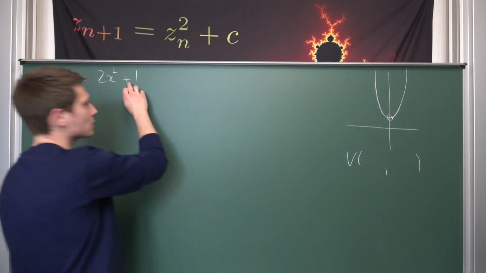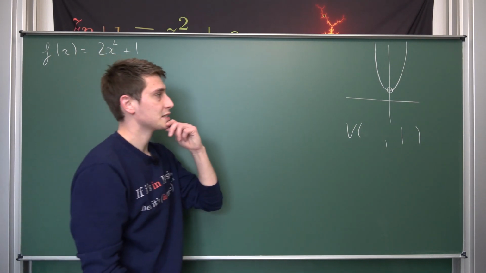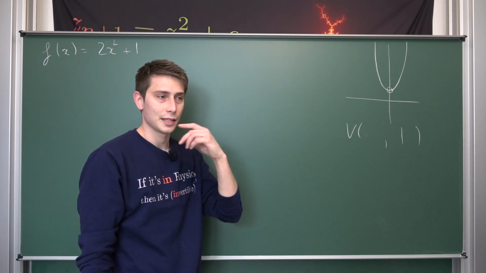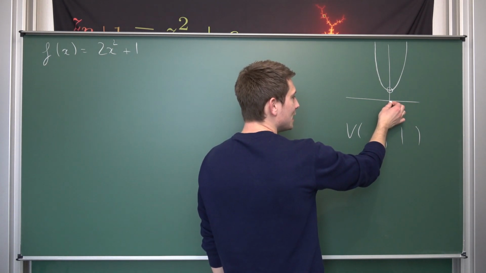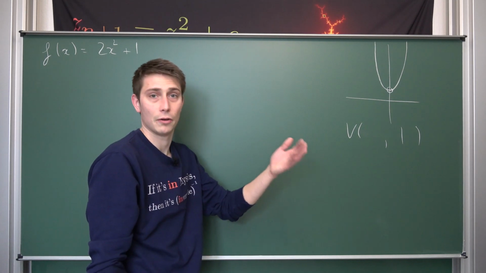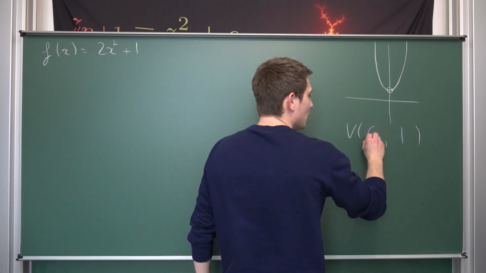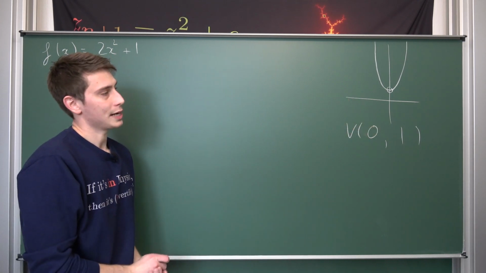Namely, in our case, it's going to be positive 1. Now what about the x-coordinate of our vertex? I mean, the x-coordinate at the y-intercept, we are going to get closer and closer to the y-axis, meaning our x-coordinate is going to be 0. If we are on the y-axis, our x-coordinate is going to be 0. I mean, we have talked about this before. Meaning our vertex point lies at (0, 1) in our example.